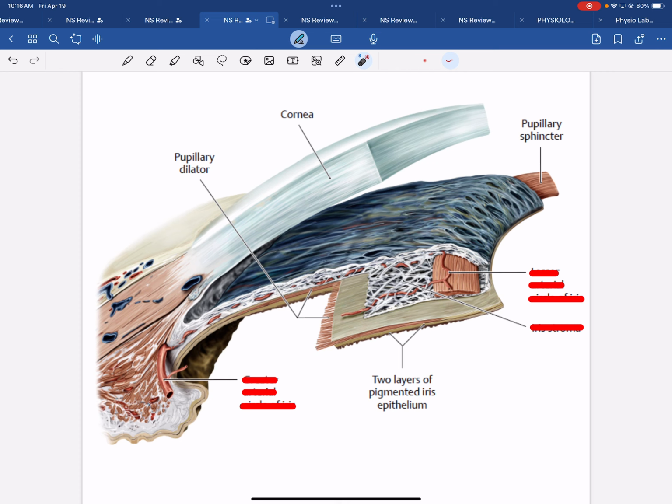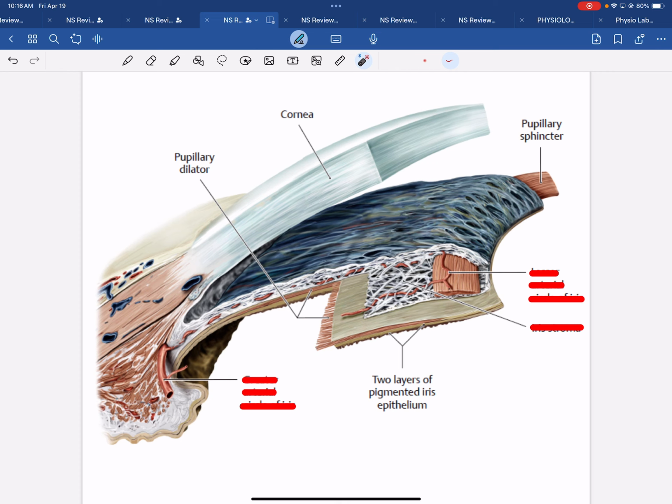And pupillary dilator, I think we have it in the lab manual explaining the parasympathetic of oculomotor. Oh, it says just a sphincter layer of iris constricts. Oh, never mind, this is parasympathetic.